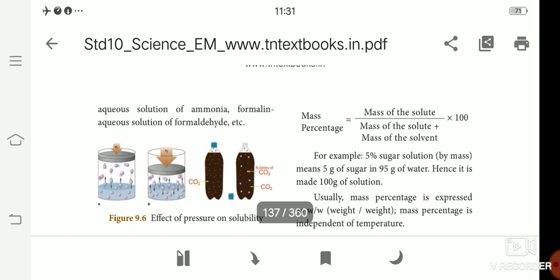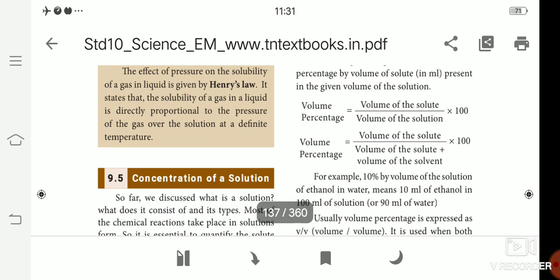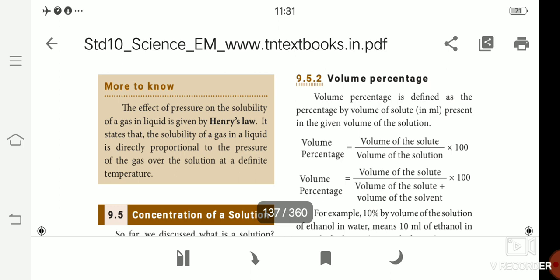The next topic is volume percentage. Volume percentage is defined as the percentage of the volume of the solute, where the solute is in a liquid state. In mass percentage the solute is solid, while in volume percentage the solute is liquid.